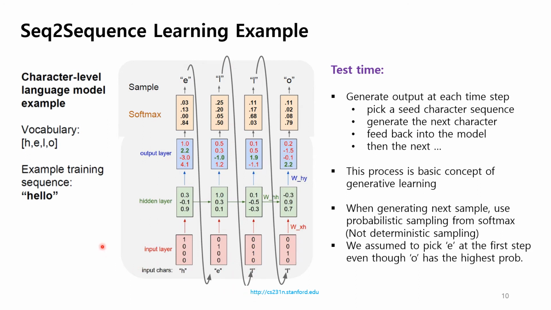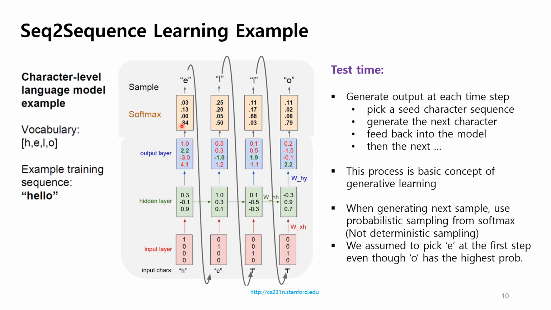So you may wonder, why not simply choose the best probability here? Maybe choosing the best probability is the more reasonable choice, right? Instead of using this probability sampling, why not choose the highest score?